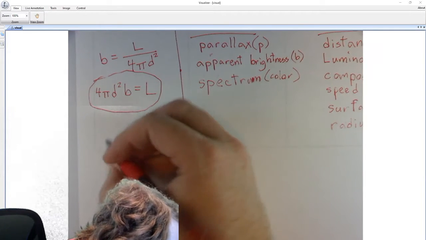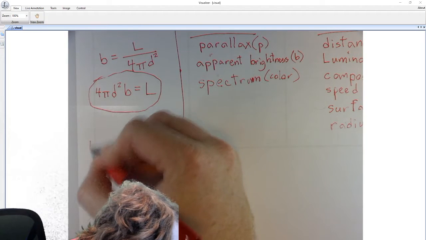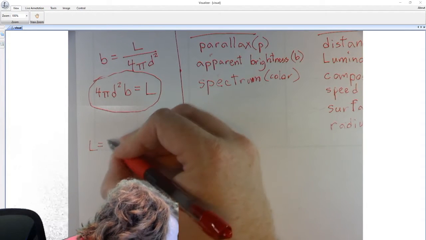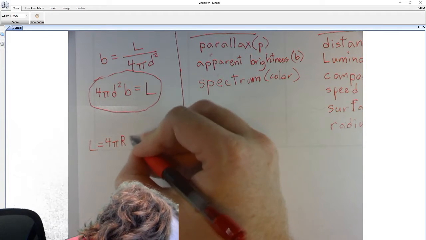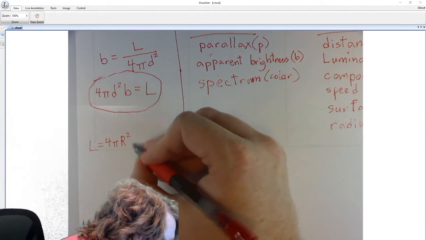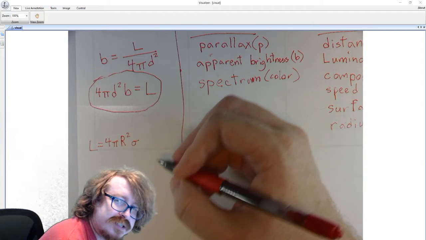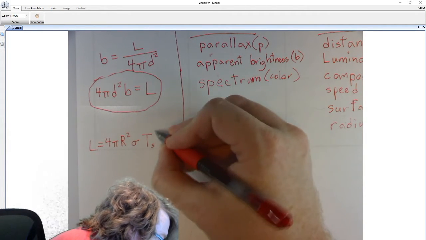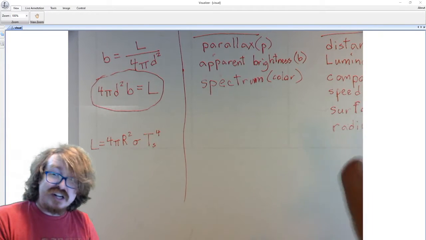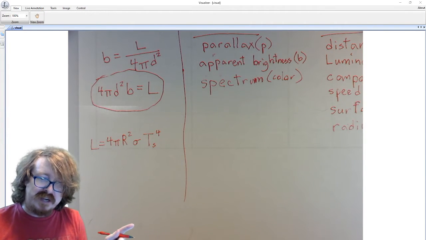So let's just write this down. Here we go. L equals 4 pi r squared. This little thing that looks like a whistle, and then the surface temperature to the 4th power. This looks ugly. Don't be scared, okay?